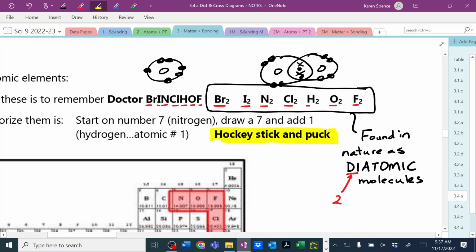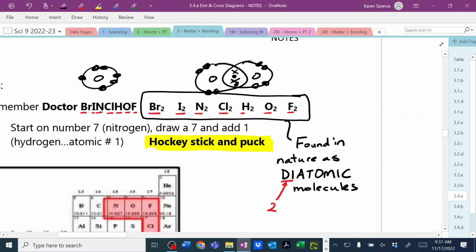And this actually takes advantage of the fact that how many of these diatomic elements are there? 7. So there are 7 diatomic elements. Lucky number 7, right?